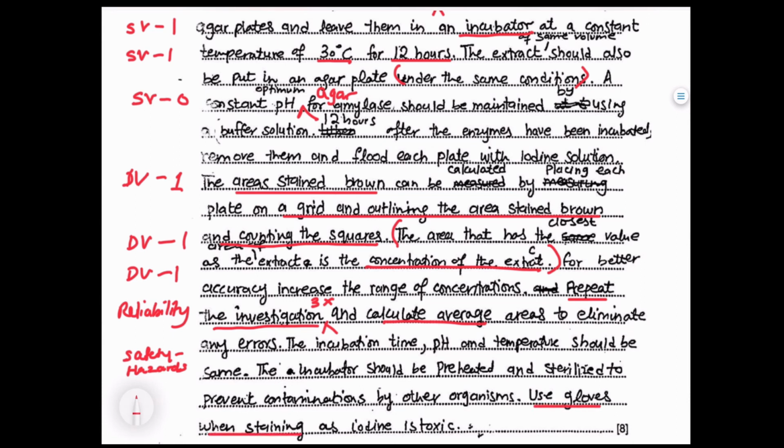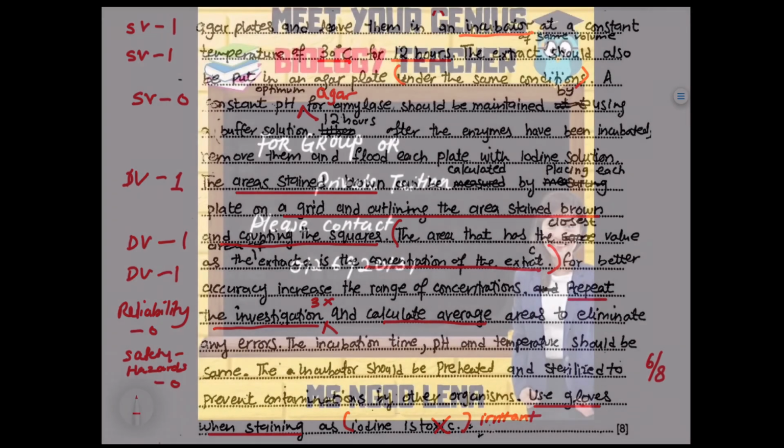It should be correct, but the student mistakenly mentioned that iodine is toxic, which is not appropriate. We should just mention that iodine is an irritant. So the student failed to score the last 2 points. So in total, this student managed to get 6 marks out of 8.